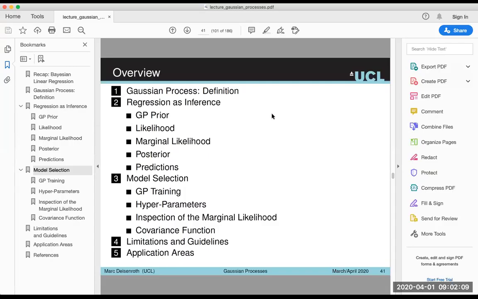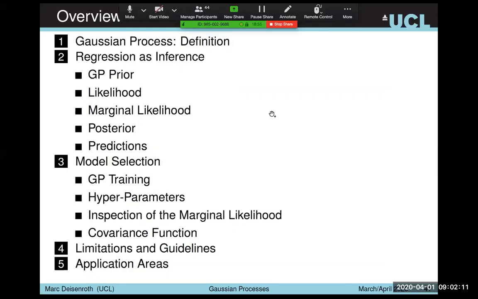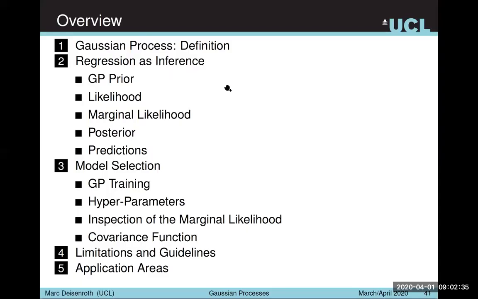Just as a summary of what we did yesterday morning, we started by doing a recap of Bayesian linear regression, before then diving into Gaussian processes.